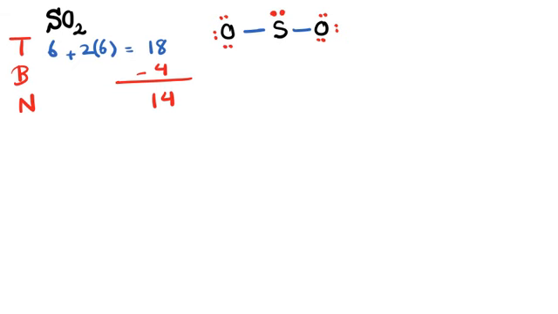Right now I need to count number of valence electrons for central. 2, 4, 6. I can borrow electrons from terminals. It doesn't matter what oxygen you are going to pick, oxygen on the left or oxygen on the right. I'm gonna remove electrons from oxygen on the left and make a bond here. So 2, 4, 6, 8. So I have 8 valence electrons for sulfur.